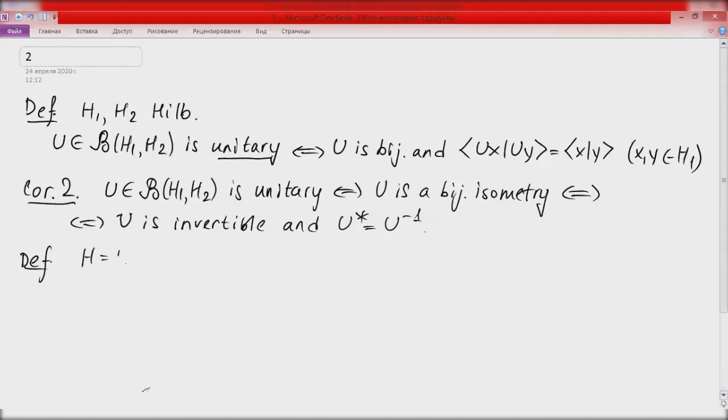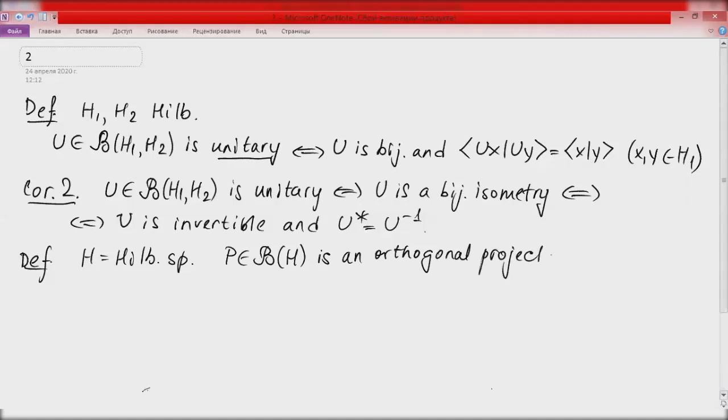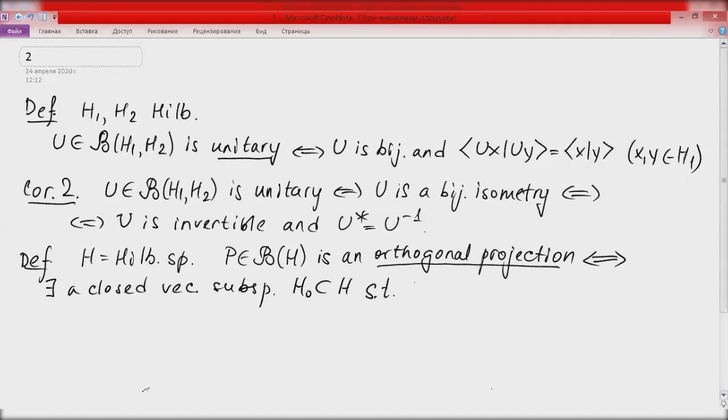If H is a Hilbert space, then a bounded operator P on H is an orthogonal projection if there exists a closed vector subspace H0 in H such that P restricted to H0 is the identity map and P restricted to the orthogonal complement is 0.